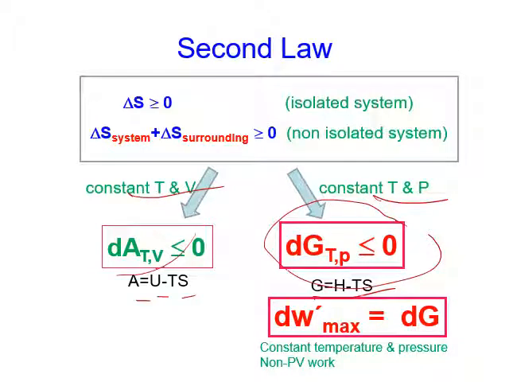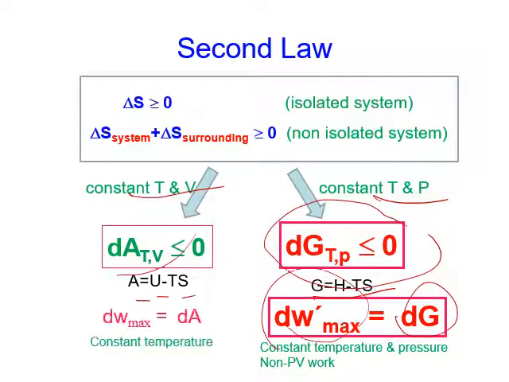And the Gibbs energy has a very important property: Gibbs energy tells us the maximum non-expansion work, or additional work. The work is not due to the volume change. And under constant temperature, the Helmholtz energy tells us the maximum total work of the system.